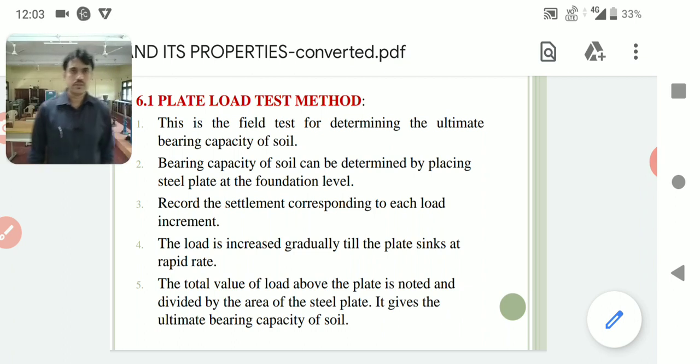In this third session, I'm going to explain how to determine the bearing capacity of soil.